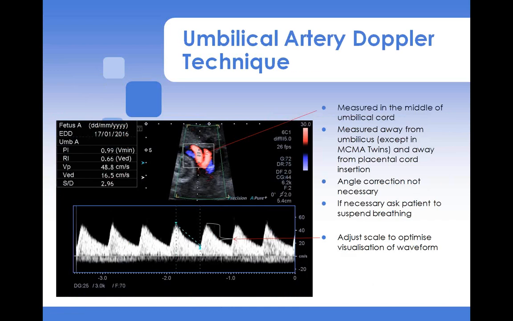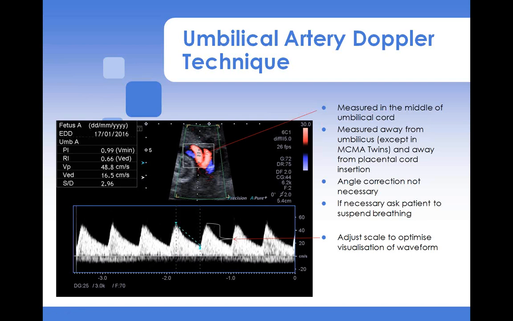I'm sure everyone's very familiar, but I'll just touch on the umbilical artery Doppler technique. It needs to be measured in the middle of the umbilical cord, away from the fetal umbilicus and away from the placental end of the cord, where the cord inserts into the placenta.